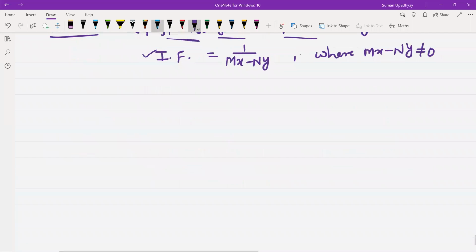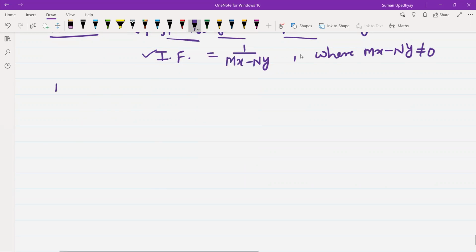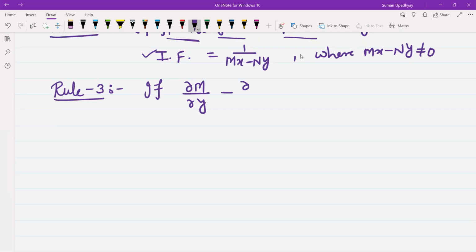Let us see what is rule number 3. If your given differential equation does not fit in rule number 1 and rule number 2, then you're going to apply rule number 3.